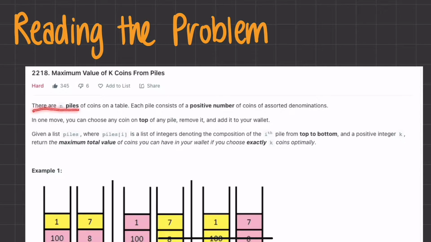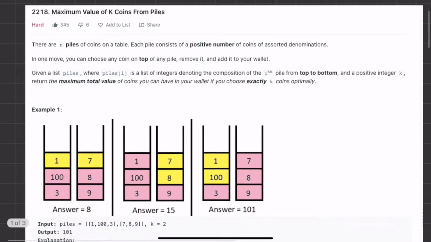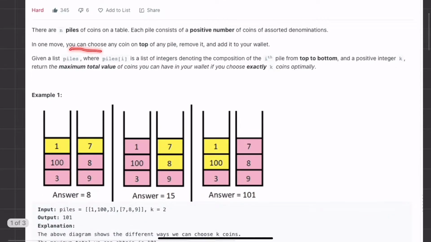There are n piles of coins on a table. Each of these piles consists of a positive number of coins of assorted denominations. In one move, you can choose any coin on top of any pile, remove it, and add it to your wallet.